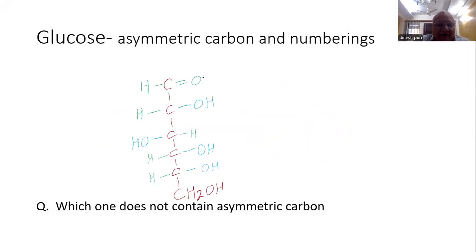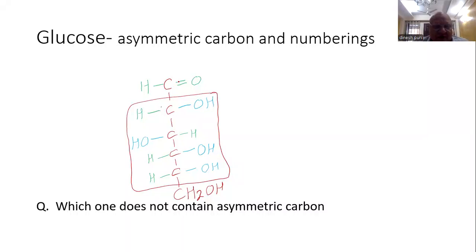Now, for example, in case of glucose, let us examine which carbons are asymmetric. This is the second, third, fourth, fifth. You can see that each of these four attaches to different substituents at the four valency positions, so they are asymmetric.